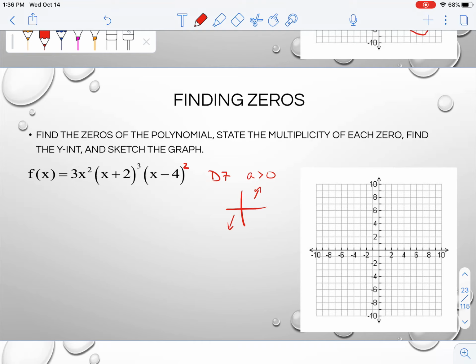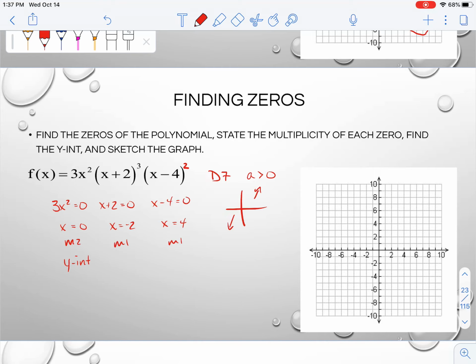So already factored makes my life easy. I have 3x squared equals 0, x plus 2 equals 0, and x minus 4 equals 0. Giving me solutions of x equals 0 with a multiplicity of 2. This is also my y-intercept. x equals negative 2 with a multiplicity of 1, and x equals 4 with a multiplicity of 1.